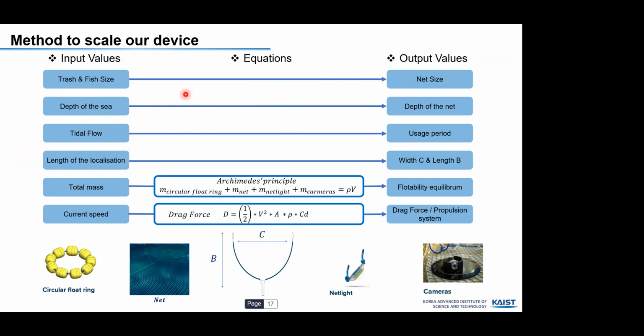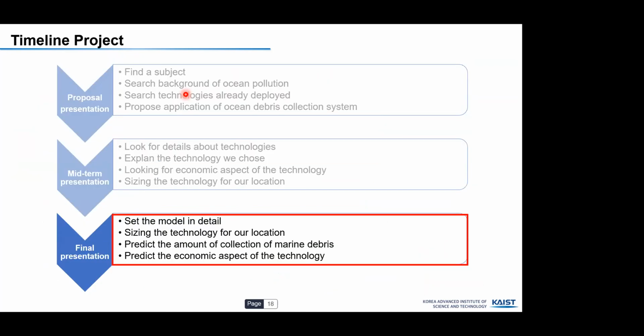This is the method that we chose to scale our device, and this is what we're going to do in more detail in the final presentation, with the real data. We're going to finish sizing the technology for our location, and then we're going to predict the amount of production in this particular location and predict the economic aspect of the technology.